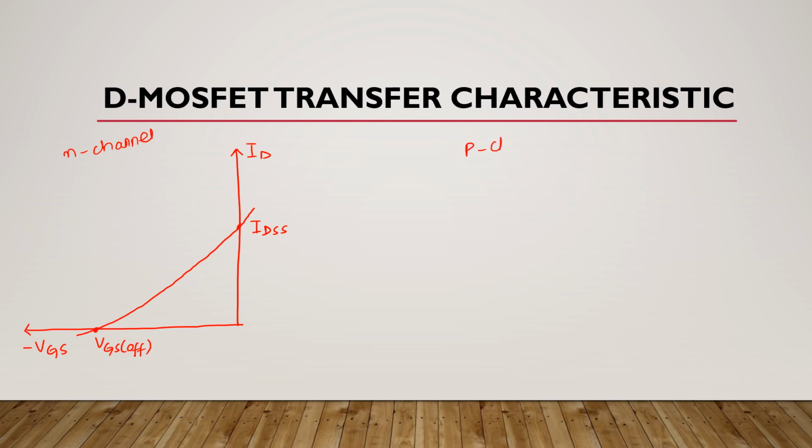Now, what about P-channel D MOSFET? We know that for a P-channel D MOSFET, positive gate to source voltage is applied. So the curve will be like this, where the variable of y-axis will be ID and the variable of x-axis will be positive gate to source voltage, and here this transfer characteristic curve will be like this again.